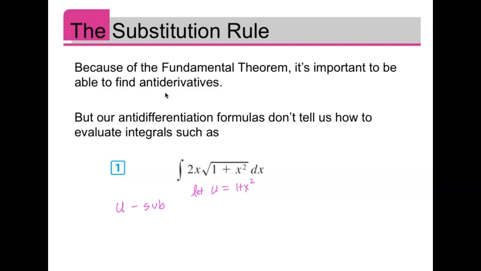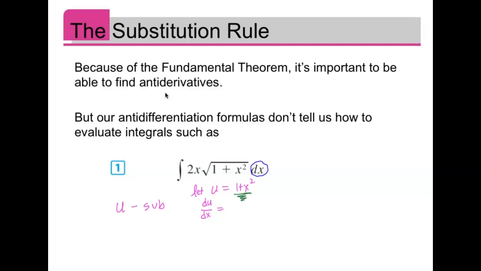my goal by the time this is done is to have only u's, and importantly, to have my differential in terms of u, because that's the thing that tells me what my variable is. Then du/dx, meaning the derivative of u with respect to x. If u is 1 plus x squared, what is the derivative of this function with respect to x?